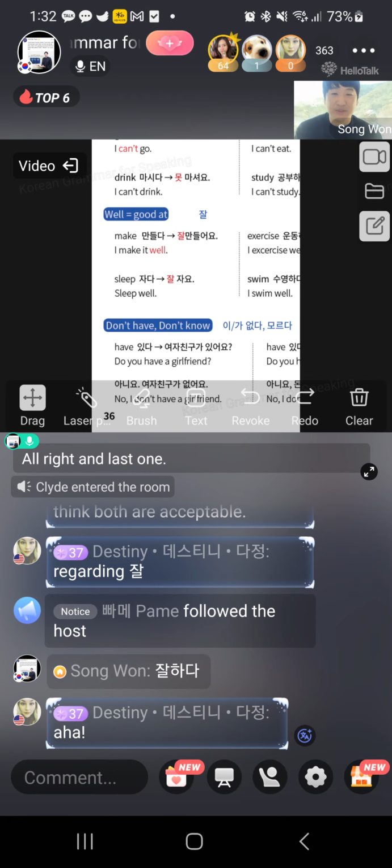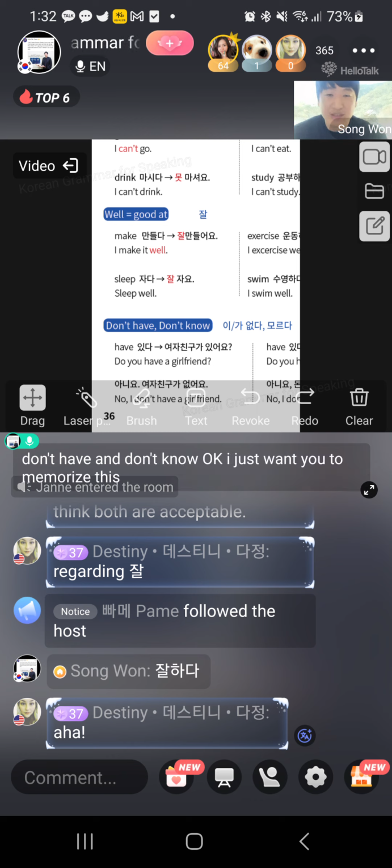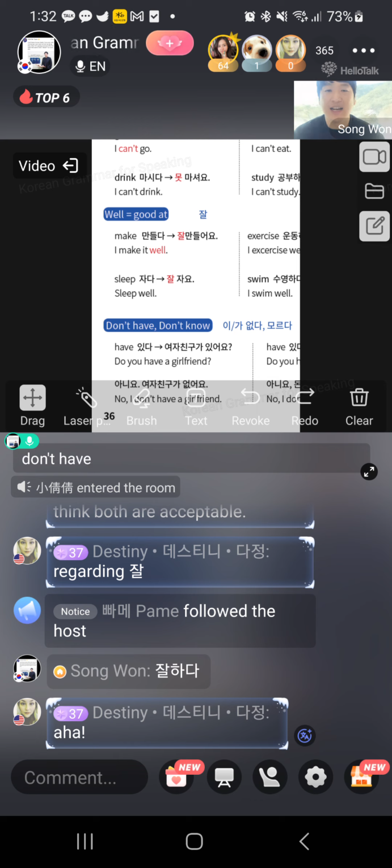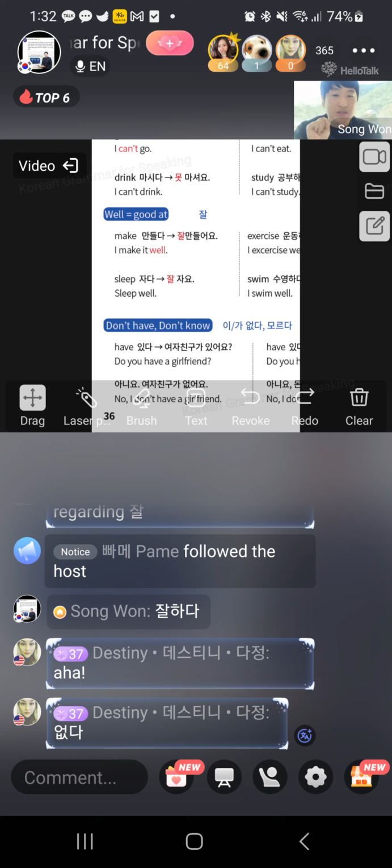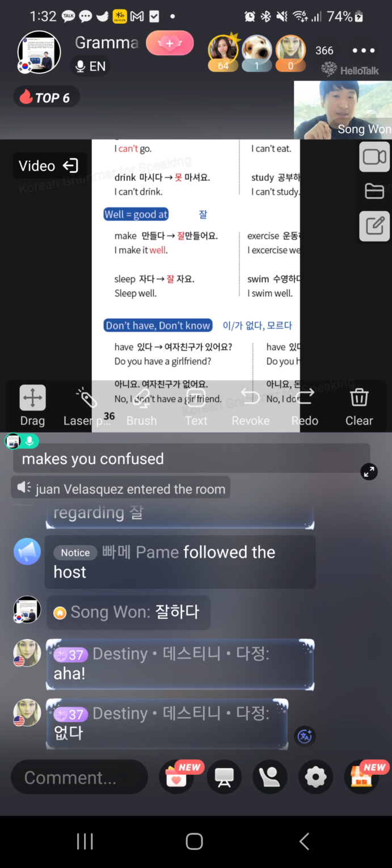And last one. Don't have and don't know. Okay. I just want you to memorize this. Don't have is 이 and 가 없다. So one is 이 없다 and the other one is 가 없다. So which means this particle 이 and 가 always makes you confused whenever you say something, right?